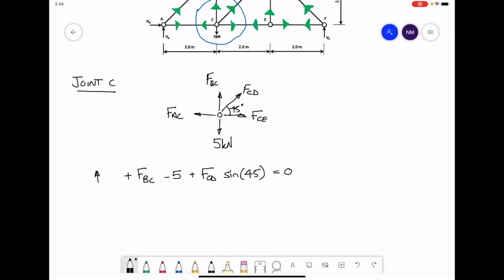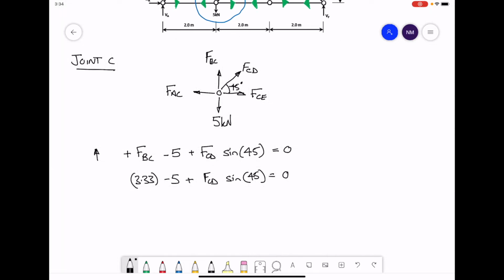Force BC we know to be 3.33. Taking the difference between the numbers, 3.33 minus 5 gives you minus 1.67.